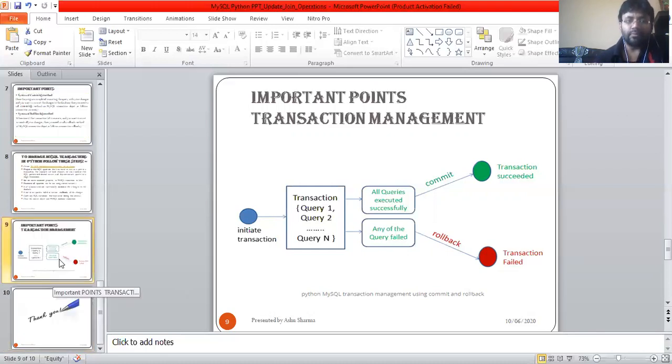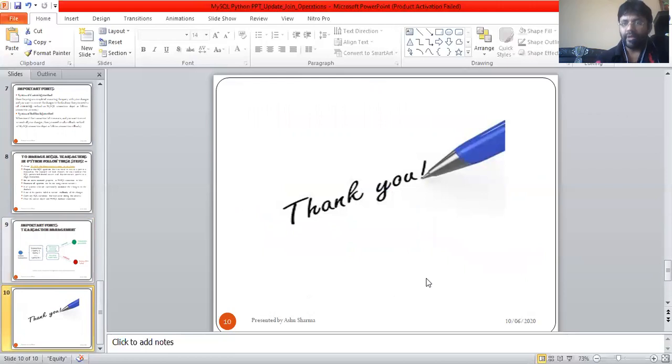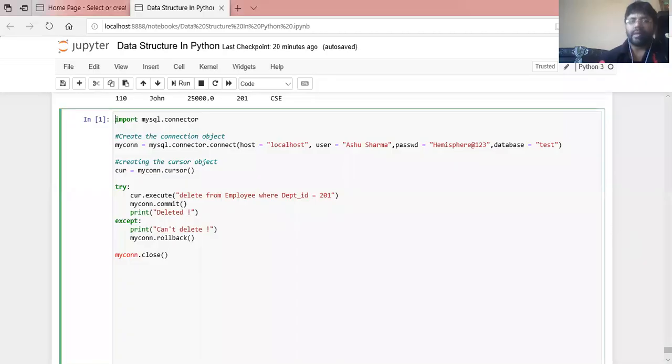Now, I will share the Jupyter Notebook with you, with an example of this segment. This is an example.